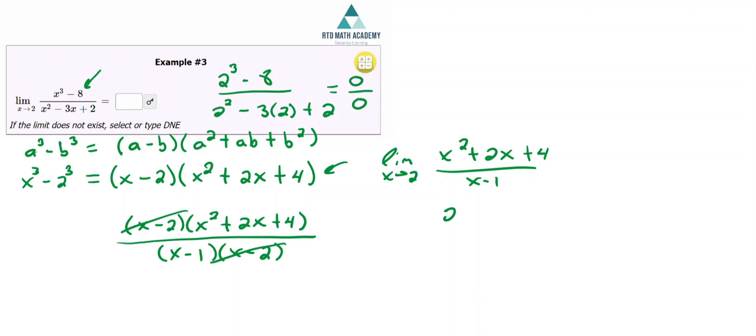So that would be 2 squared plus 2 times 2 plus 4 over 2 minus 1. That's a good sign that that's not 0, right? So then that would be 4 plus 4 is 8 plus 4 is 12. So we've got 12 over 1, which is equal to 12.